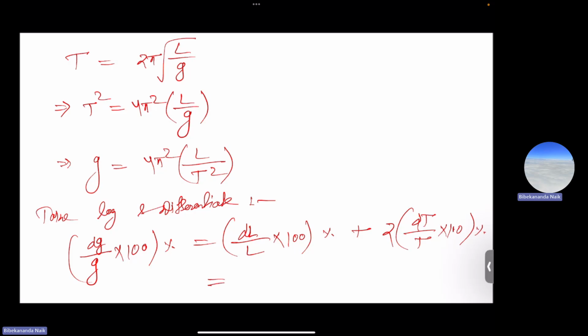And dl by l, so what will be dl by l? So l will be the length measured and dl will be the minimum length that can be measured, that is 1 mm.